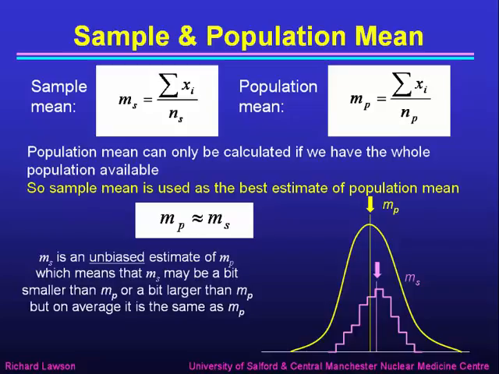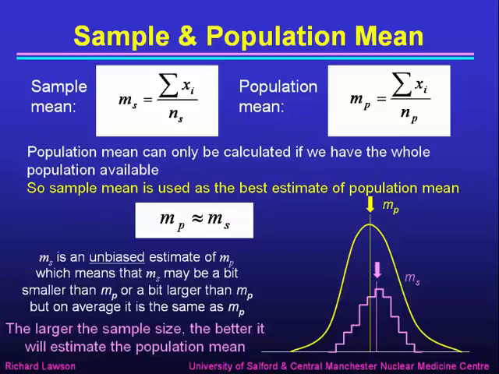It's not biased to be always bigger or always smaller. It averages out to be the same. The larger the sample size, the better it will estimate the population mean. So as long as our sample is not too small, the sample mean is a good estimate of the population mean. That's fair enough, but what about the standard deviation?